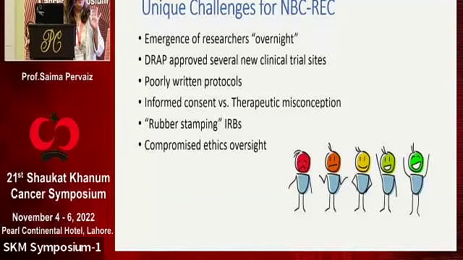That's why we call them the rubber stamping IRBs. So for those of you who are on IRBs, please keep in mind, do not lose credibility by approving such proposals. Be critical, because it reflects on your institution. Then, of course, there was, as I said, compromised ethical oversight.